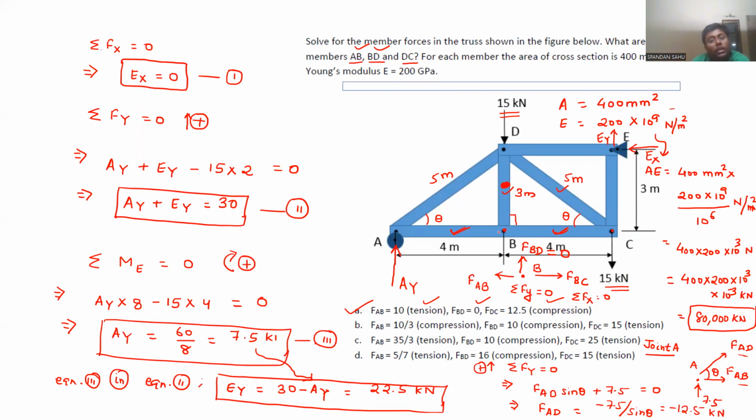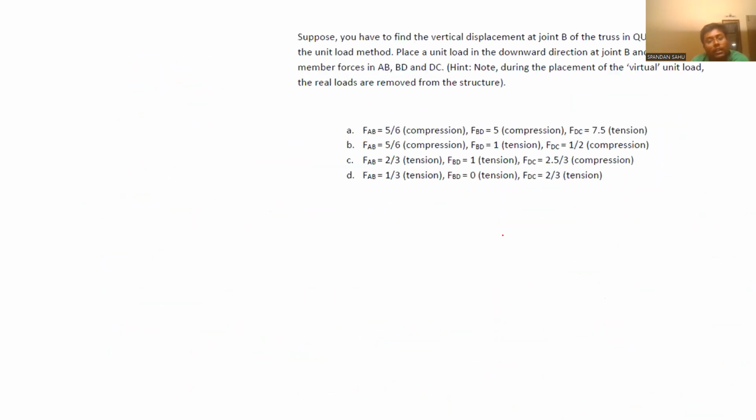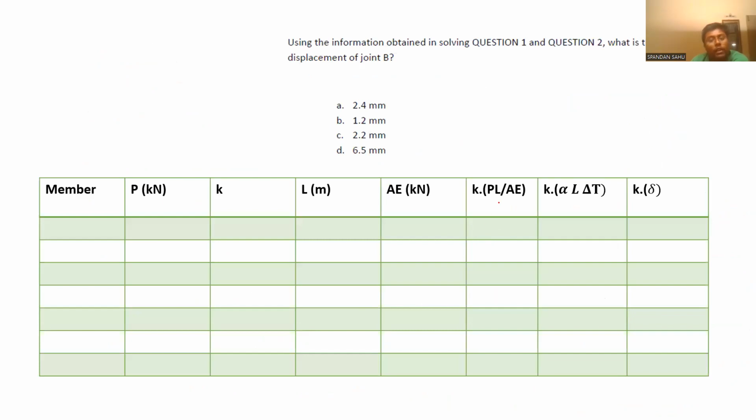And for that, we need to calculate those K force system for this virtual unit load at joint B. After we are done with that, we can tabulate it in this table, and we will calculate the summation of K dot PL by AE, which will ultimately provide us the deflection of point B in the vertical direction. That is our question.